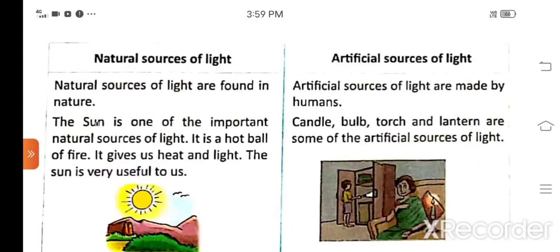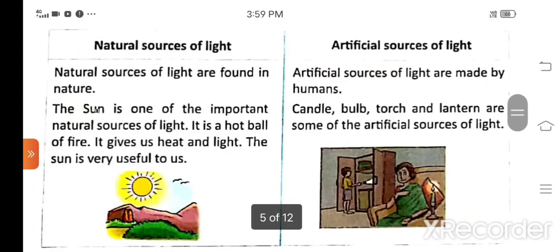And you know, dear students, that during the day, how does a day come? Because there is sun. When the sun rises, it becomes day, and when there is day, we can see everything clearly. But when the sun sets, then it becomes darkness everywhere. Then these types of artificial sources of light are used.